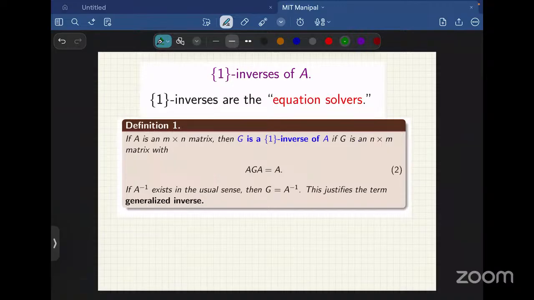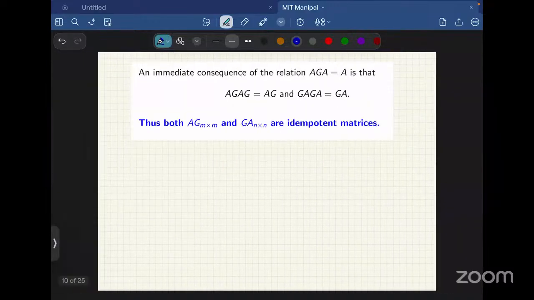As I said, a 1-inverse satisfies this relation. The advantage of this relation is that it gives two projections, so we have two idempotent matrices. I am not saying orthogonal projection; it is just a projection in the general sense, otherwise called idempotent, where P squared is P. So the matrices AG and GA are projections.